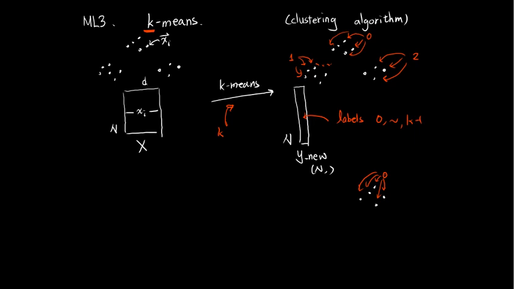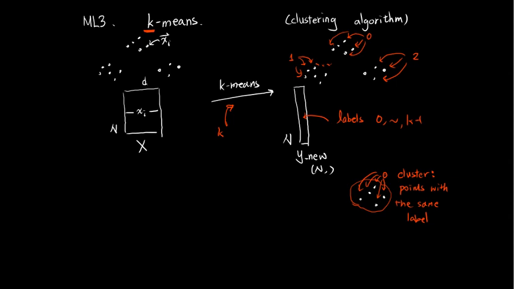So we call this whole group a cluster. And cluster in this particular algorithm means the points with the same label. So we have 3 clusters in the picture here, and you can decide what is the k you want to use.